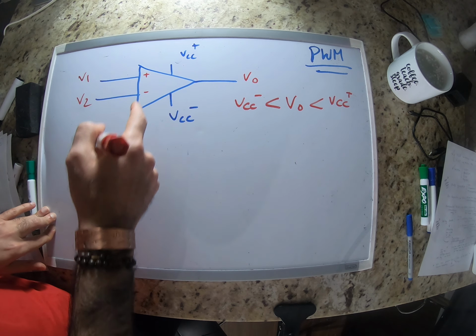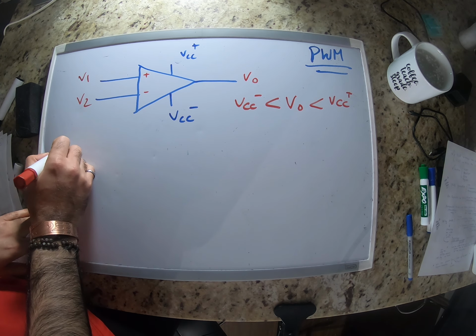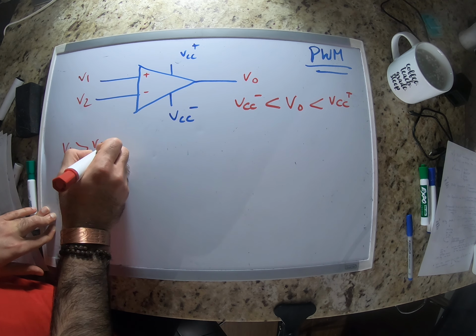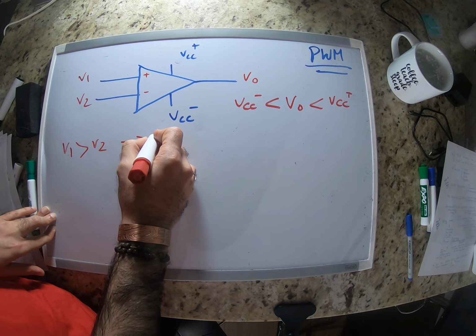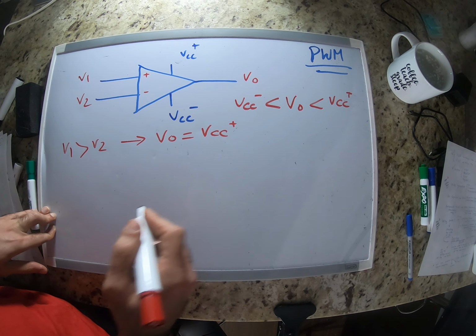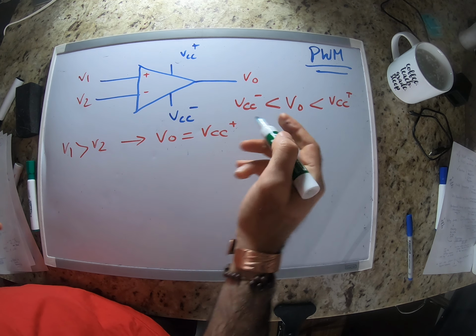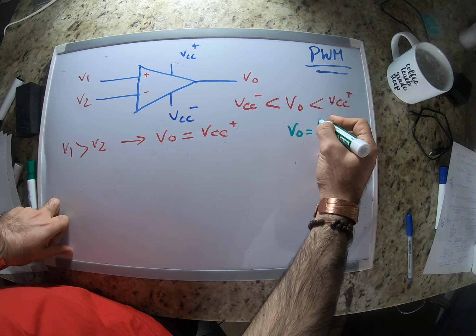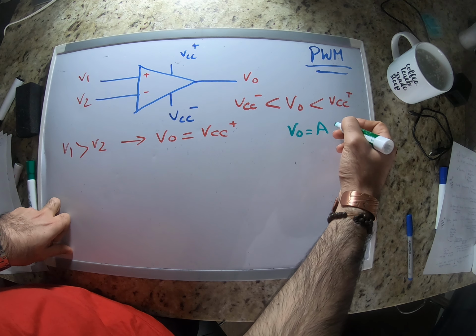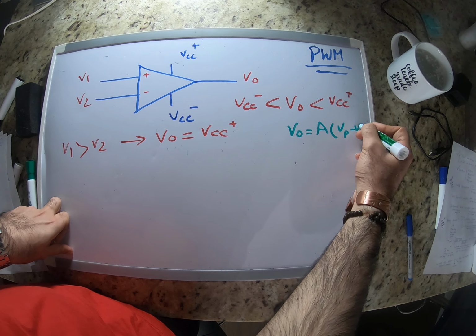So this concept can be used to compare V1 and V2. How? If V1 is bigger than V2, V out would become VCC plus. If you can't remember why that's the case, the output of an op amp is basically A, which is a very high gain, times VP minus Vn.